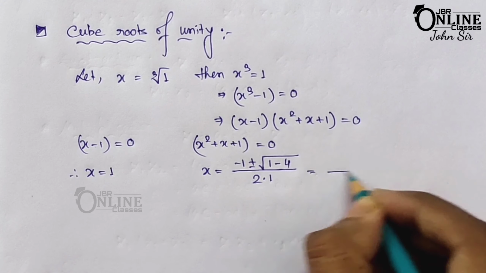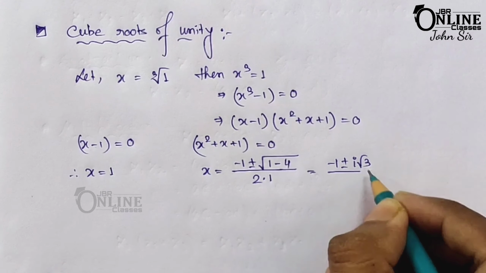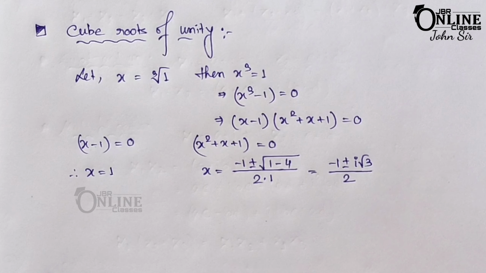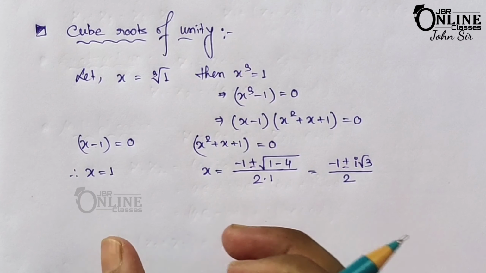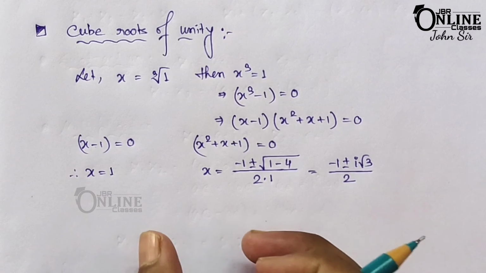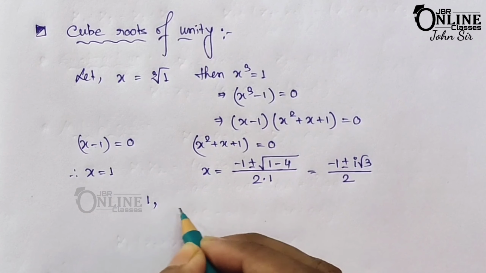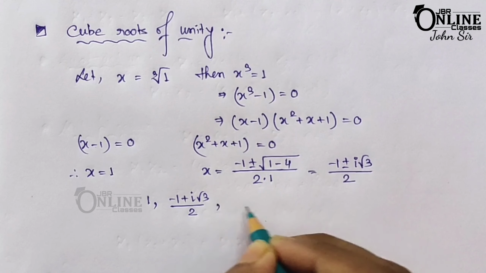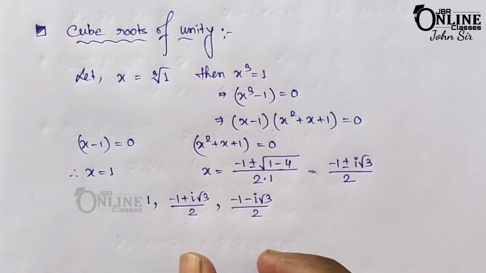So it becomes minus 1 plus or minus i root 3 divided by 2. Thus there are 3 cube roots of unity: the first one is 1, the second one is minus 1 plus i root 3 by 2, and the third one is minus 1 minus i root 3 by 2.